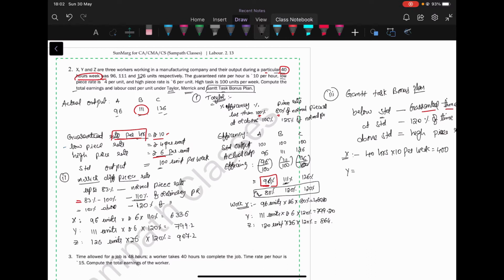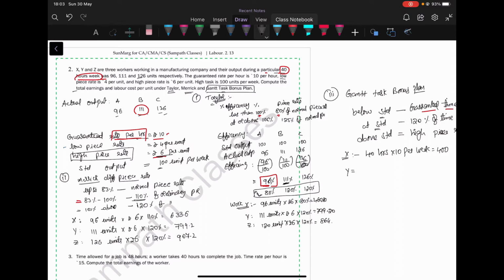And the next, Y is at standard. Y's performance is 111, in the sense above standard. So he will be getting paid at the high piece rate. What is the high piece rate here? High piece rate is this one, 6 rupees.